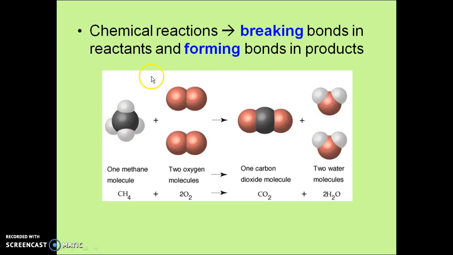So in this example, our methane molecule and oxygen molecules are our reactants, what we start with, and our carbon dioxide and our water molecules are our products, or what we end with. Notice that we have to break the bonds between the carbon and the hydrogens, and we also have to break the bonds between the oxygens in order to create these product molecules. And we're forming new bonds here between carbon and oxygen, and here between oxygen and hydrogen.